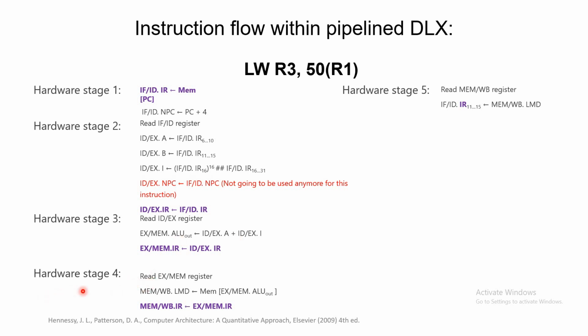In the fourth stage, hardware stage 4, the processor will have to access the memory as per the need of the instruction. It will load the data from the external memory, whose effective address is already ready in the ALU output. The data of that memory location, whose effective address is in the ALU, will be loaded to the LMD register.